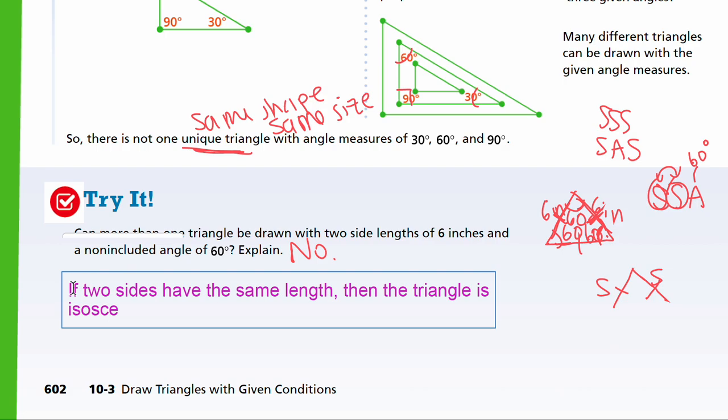That means you have 2 equal sides and 2 equal base angles. Base angles just means these 2 angles on the bottom, of 60 degrees each.